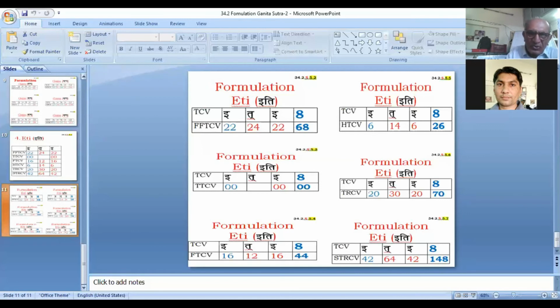This zero transcendence feature of formulation Eti and consequential parallel feature of formulation Akash is a comprehension of the Vedic system.